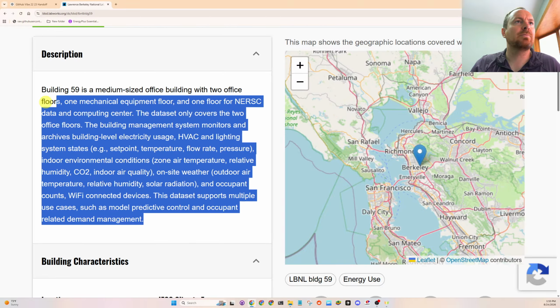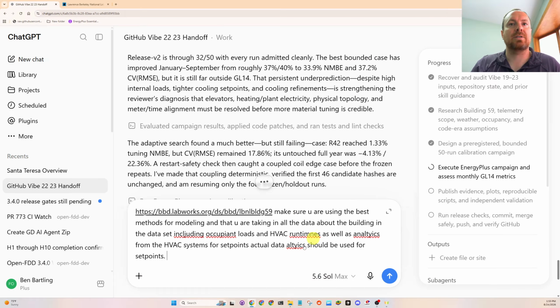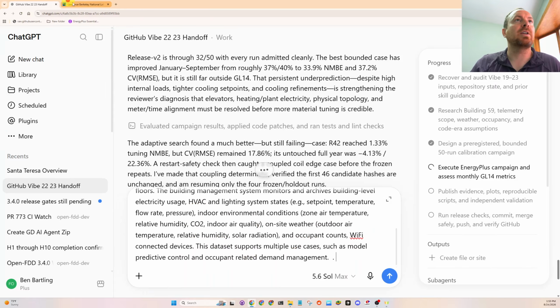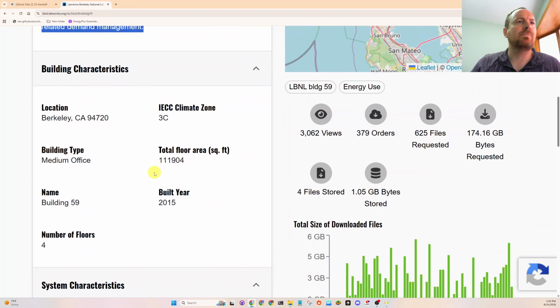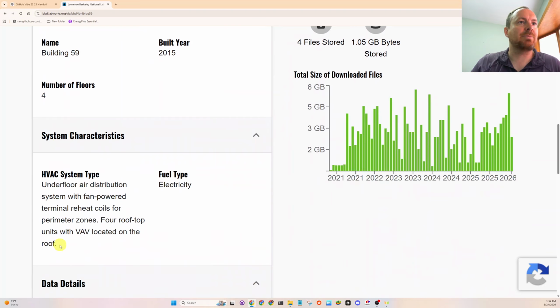Say the link says this. It probably knows all this already.